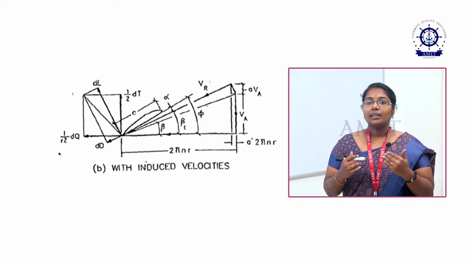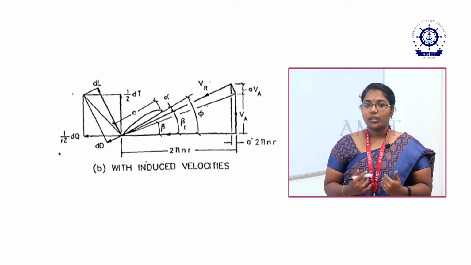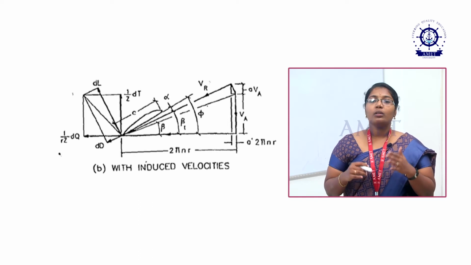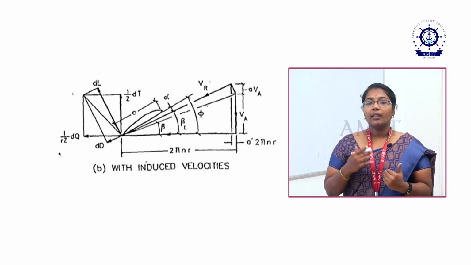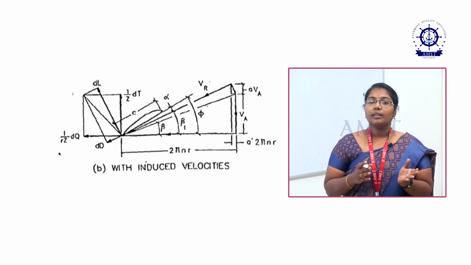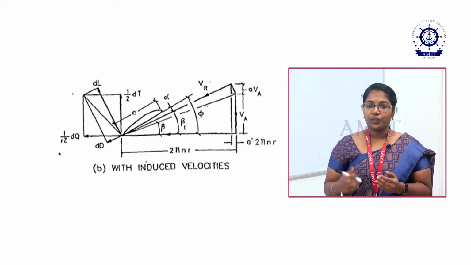The decrement in the tangential velocity will be given by A dash, and the incremental value of the axial velocity will be given by A. We have to consider this increment and decrement in the velocities due to the propeller action, which will have an impact on the result, which is nothing but our efficiency.